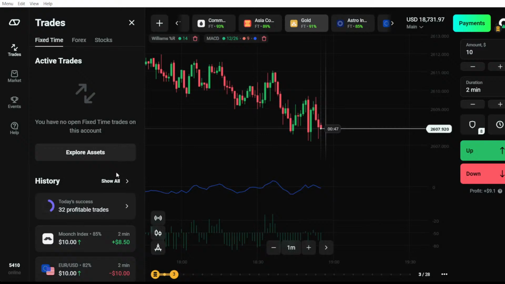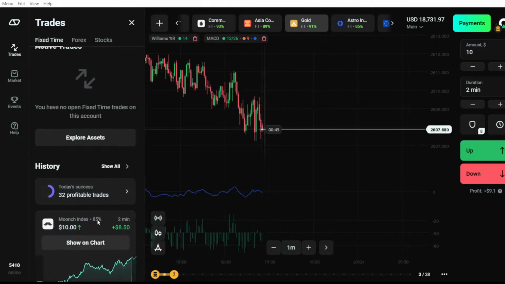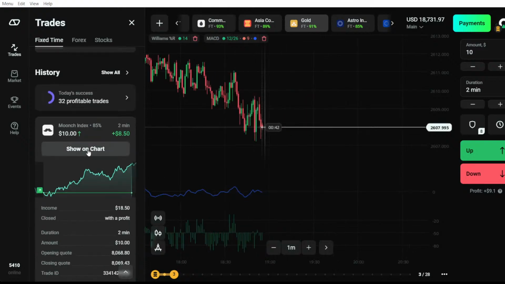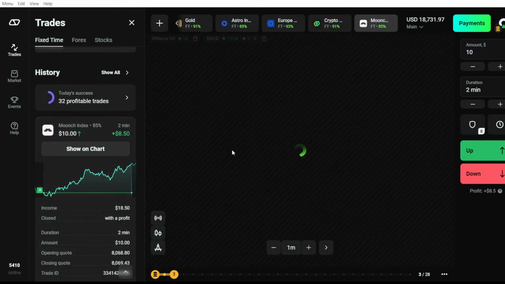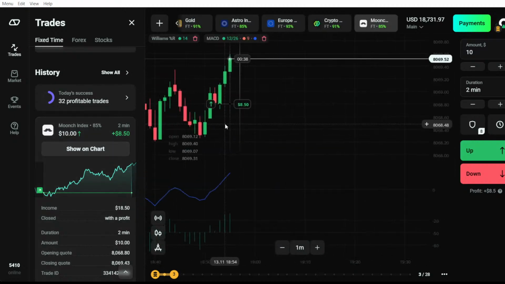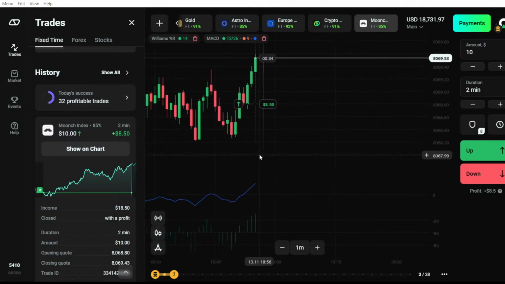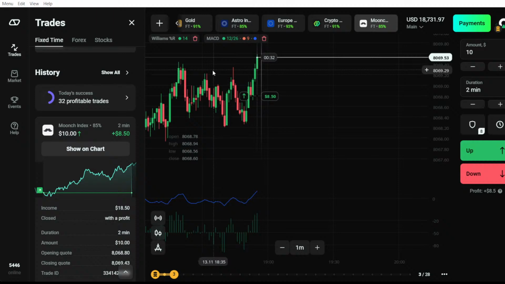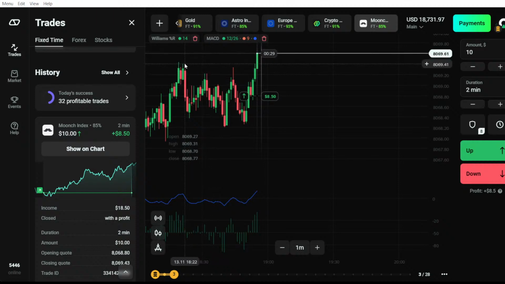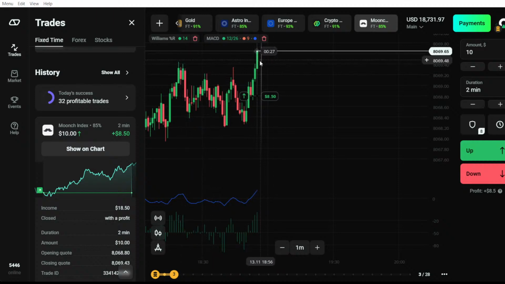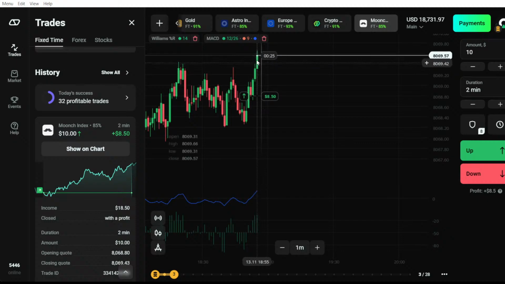Let's see how our last trade was. Okay, very nice. So we managed to make $8.50, and let's see how the trade went. If we would have opened a trade for 3 or 4 minutes also, that was supposed to go into the positive side. And one more quick overview, guys. As we can see, there was a resistance level, and the market has already crossed it.